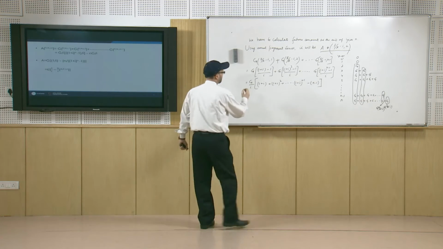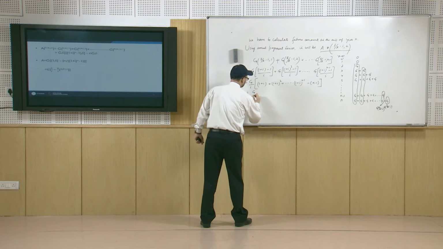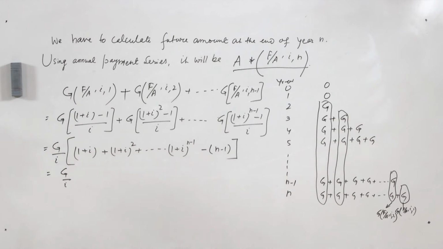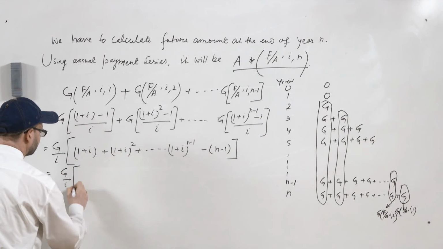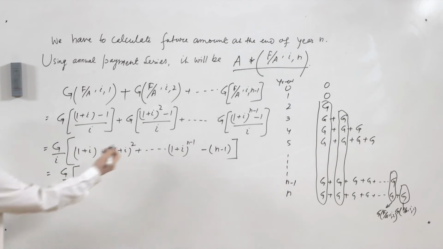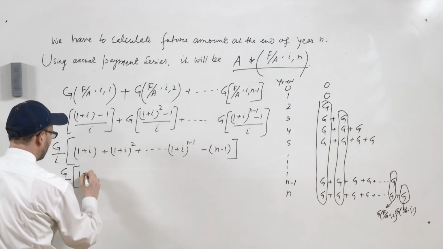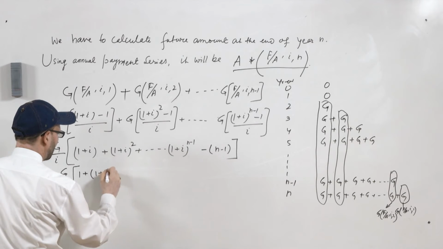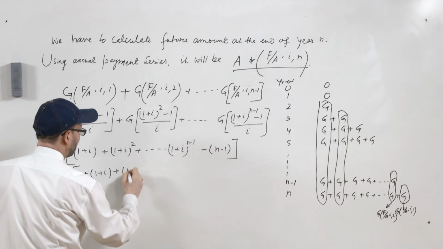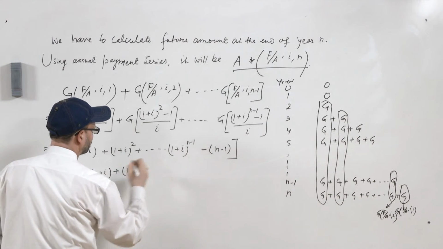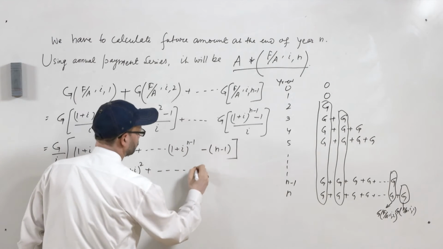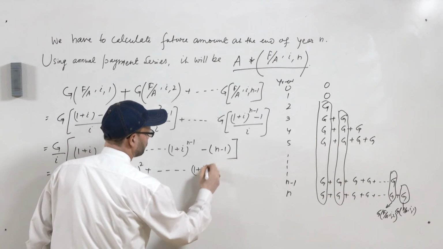After this, you can write this as g by I. This 1 will come here, 1 plus I plus 1 plus I 2 up to 1 plus I raised to the power n.